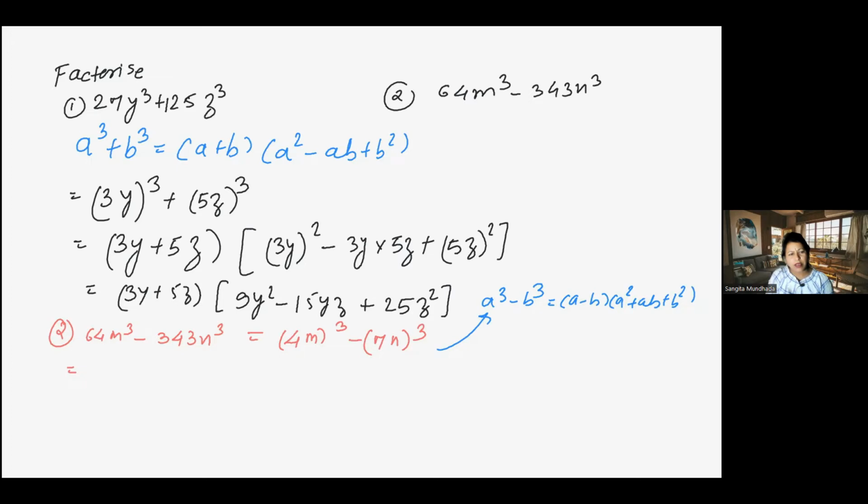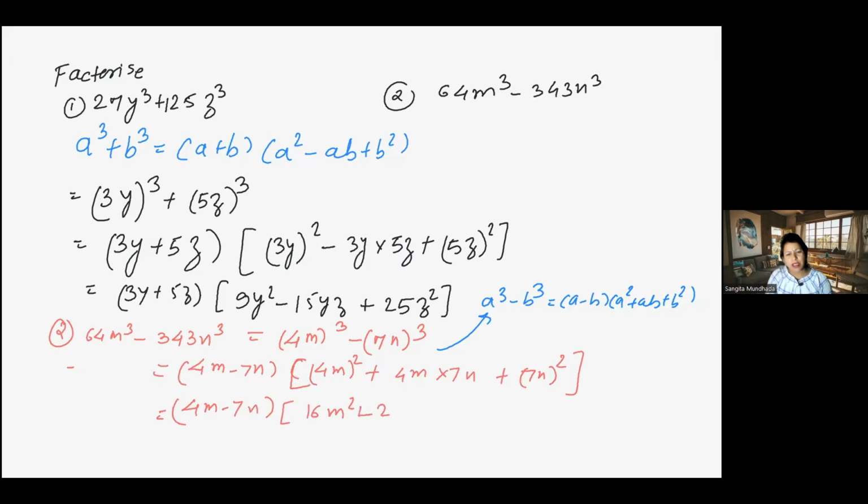So I will write here first bracket 4m minus 7n and second bracket 4m square plus 4m into 7n plus 7n square, which is equal to 4m minus 7n times 16m square plus 4 sevens are 28mn plus 49n square.